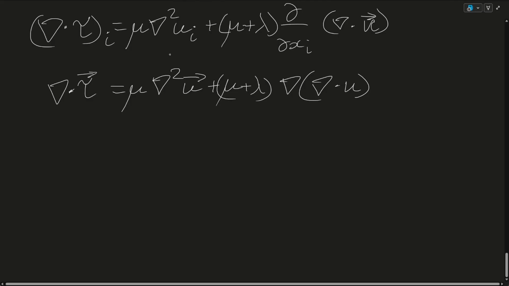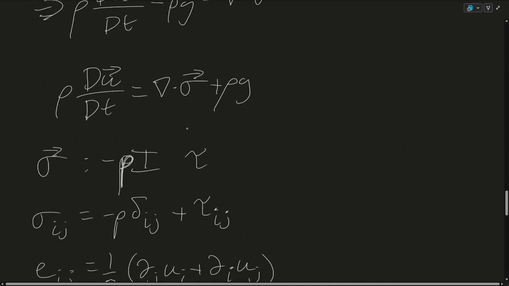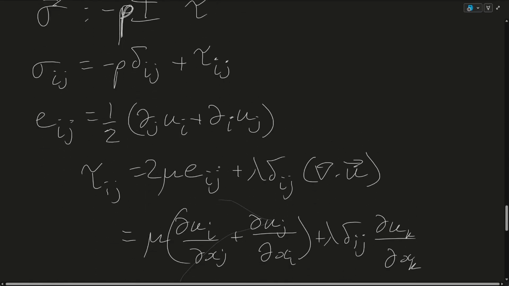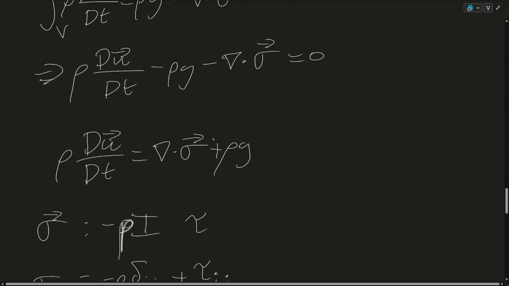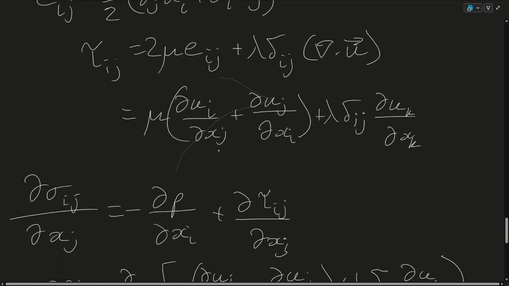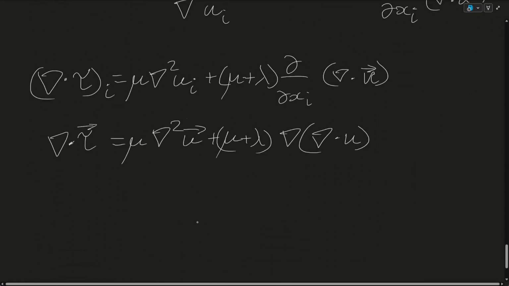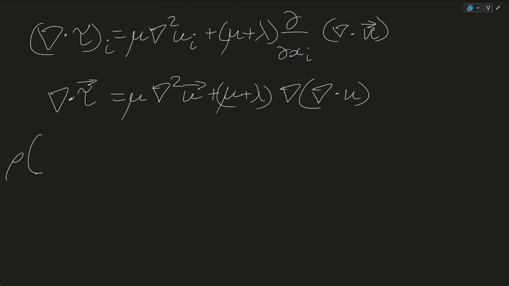And now what we can do, because everything is in terms of u instead of scary stress and things, what was it? Oh, I'm making lines all over the place. Where's scary stress and things? We came to a nice little conclusion, somewhere around there, before all of that happened. Anyway, we can sub it back into Cauchy's equation from before, the one that I boxed and then I unboxed because I wasn't happy with it being in a box.